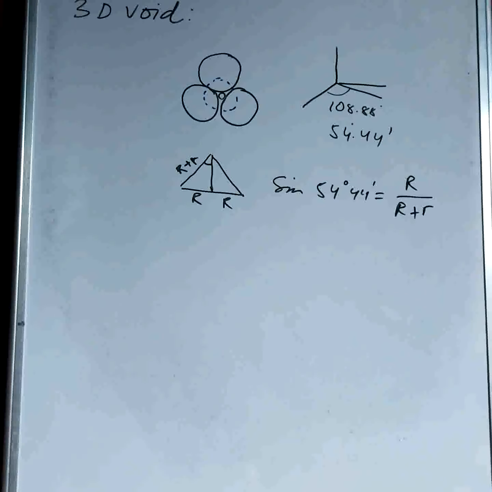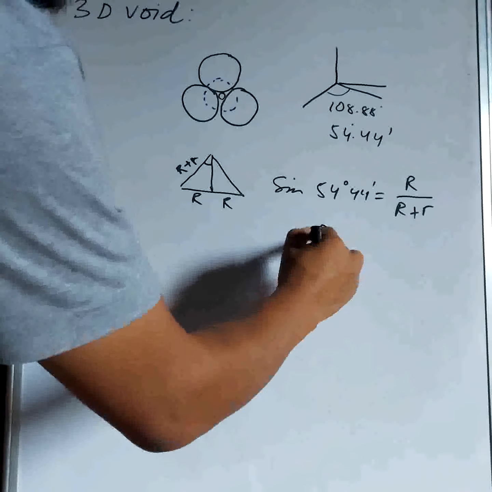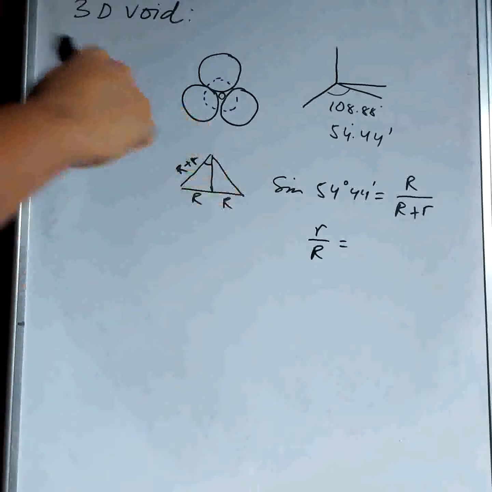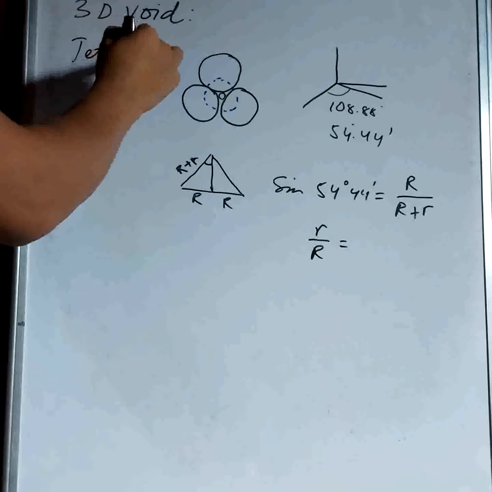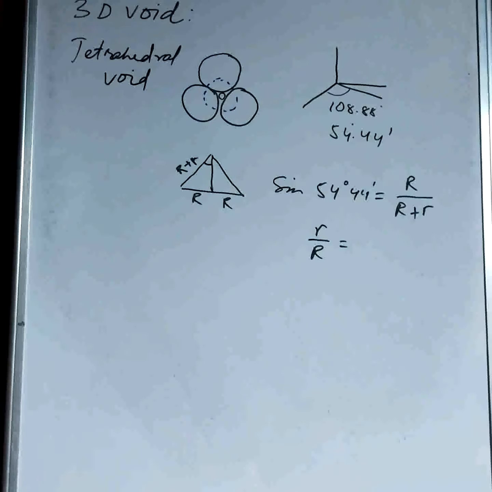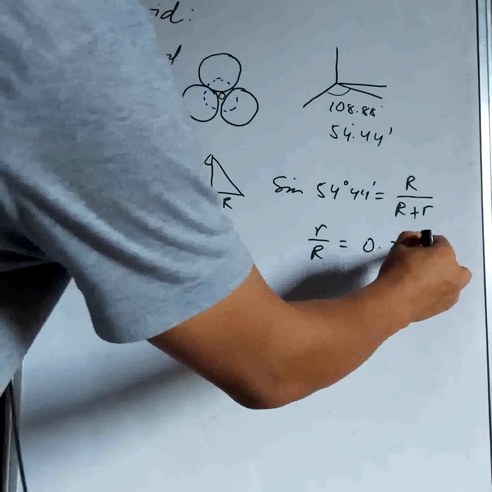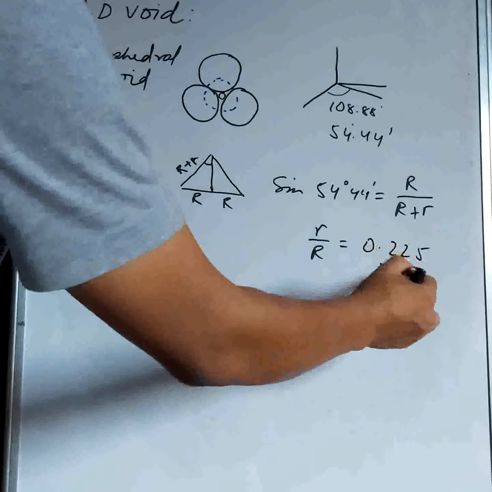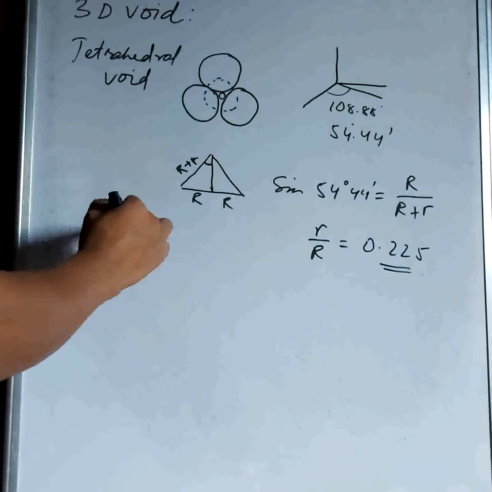Now if you plug in the values, then our ratio for a tetrahedral void will be 0.225. Now you can check for the octahedral void.